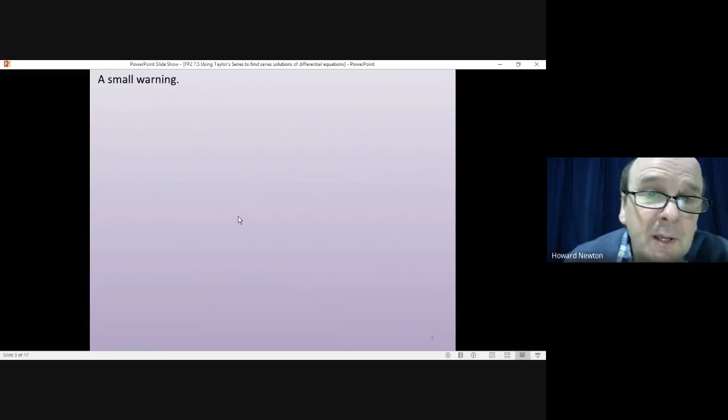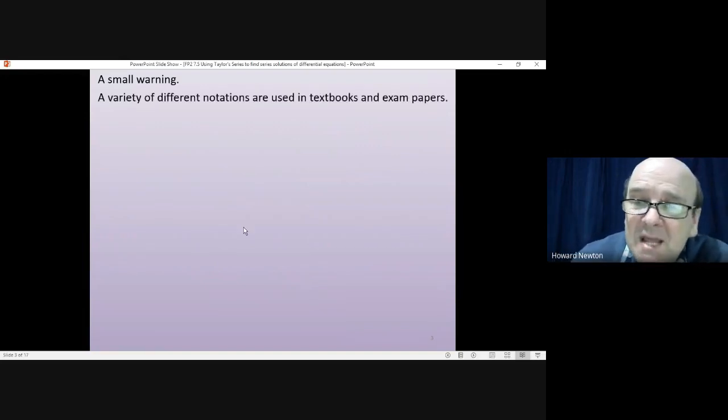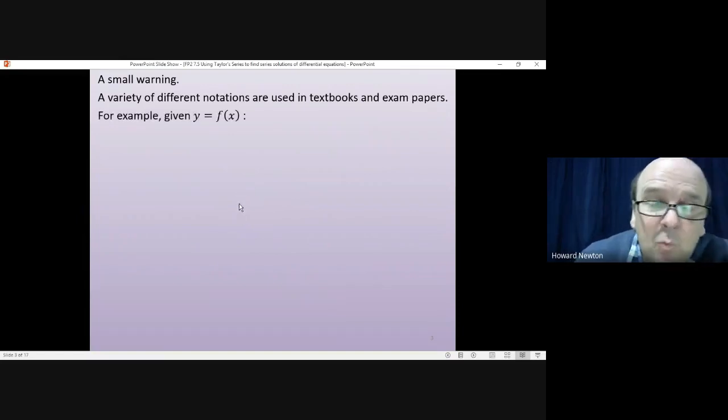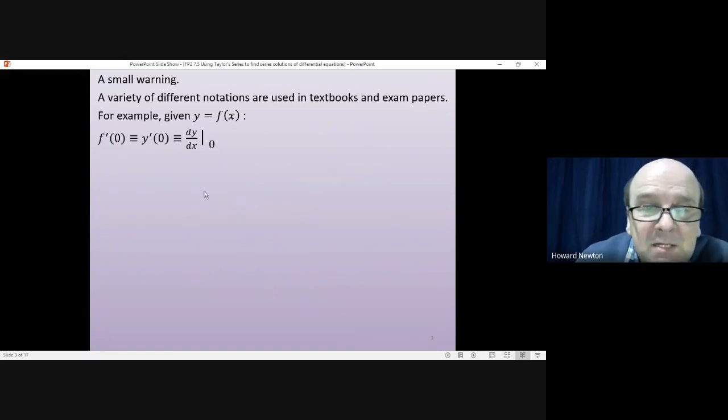A small warning. A variety of different notations are used in textbooks and exam papers for showing how to do these questions. So, for example, given y equals f of x, you may see any of the three things written down. You may see f dashed of 0, you may see y dashed of 0, or you may see dy by dx with a vertical line and a subscript of 0 written down.